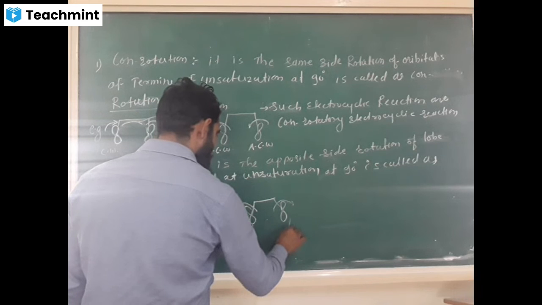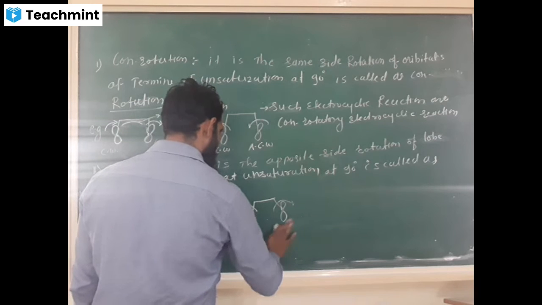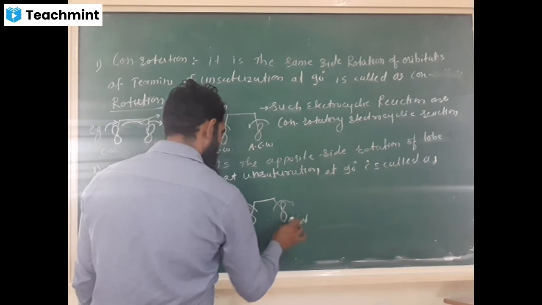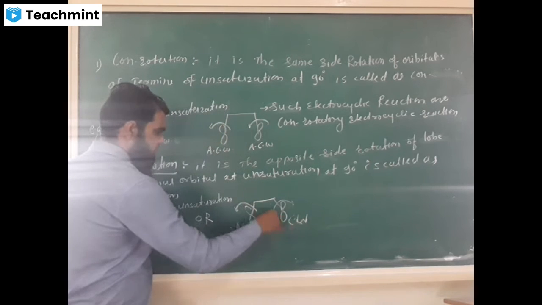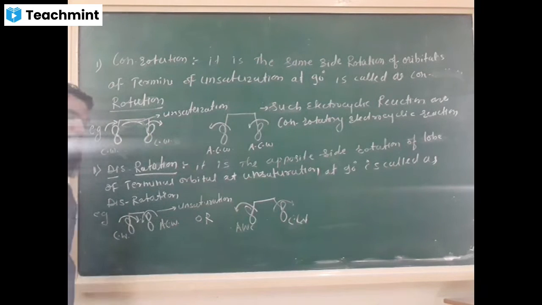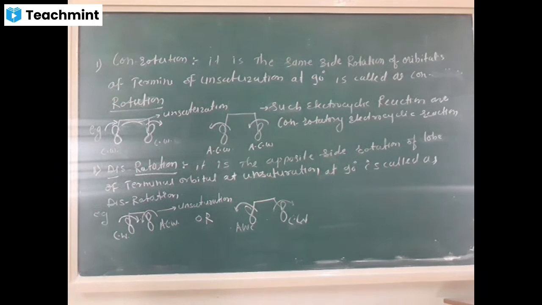This one is clockwise, this one is anti-clockwise. So these two rotations are called disrotation.